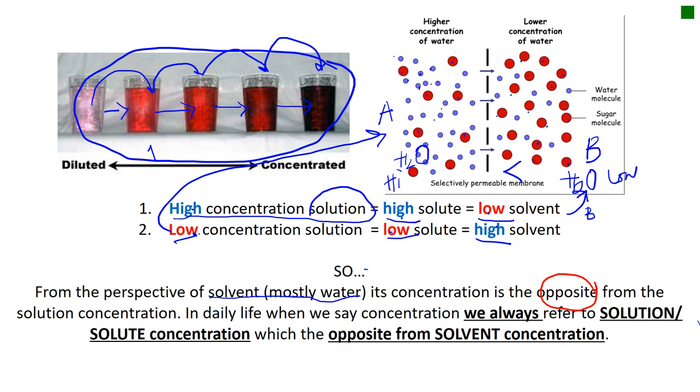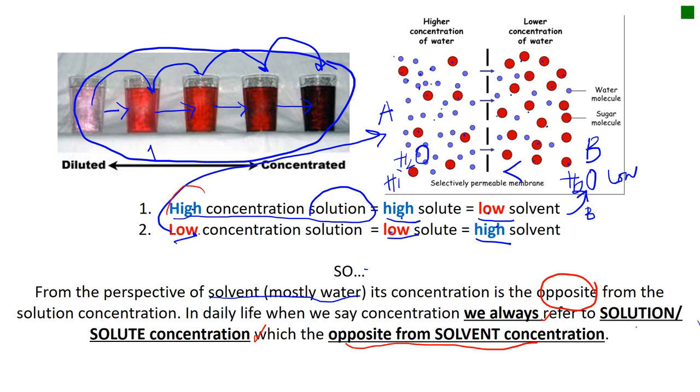In daily life, when we say concentration, we always refer to solution or solute concentration. So when we talk about concentration, we never speak from the perspective of solvent. We always look at the amount of solute. And that's why it is the opposite of the solvent.